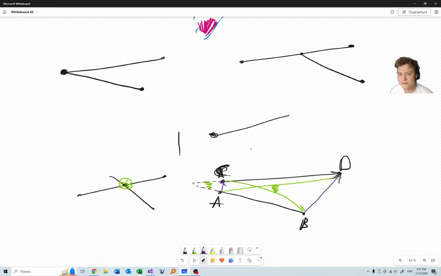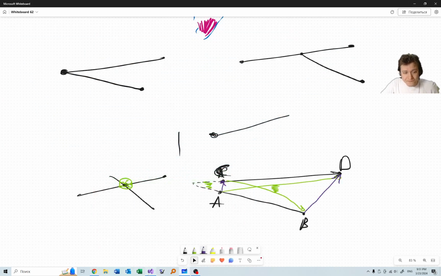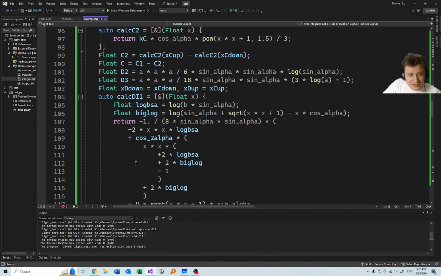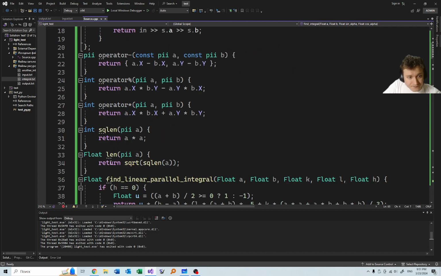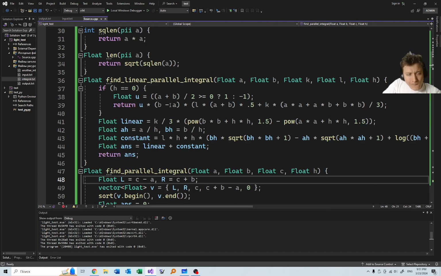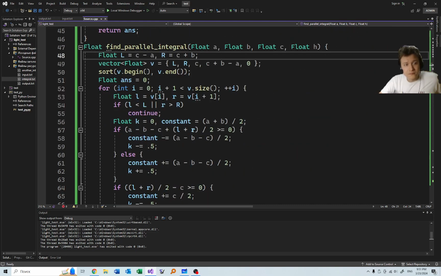Okay, it seems like maybe I have come up with a method which won't even need Wolfram at all. So let me close Wolfram. I will not use it. Let us also remove all this mess. Okay, actually, parallel integral is not that bad.